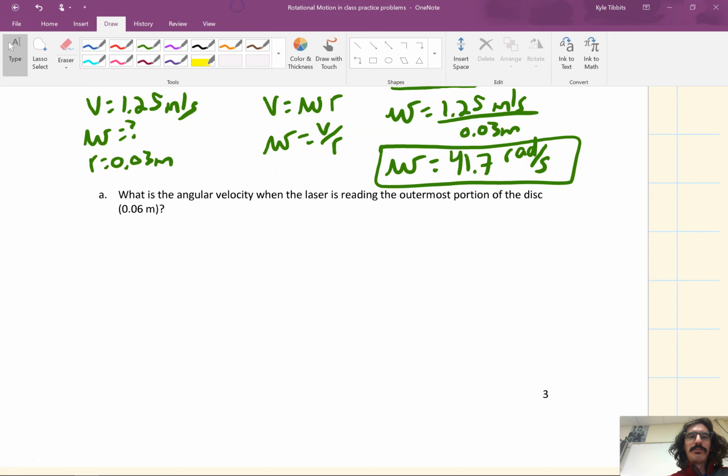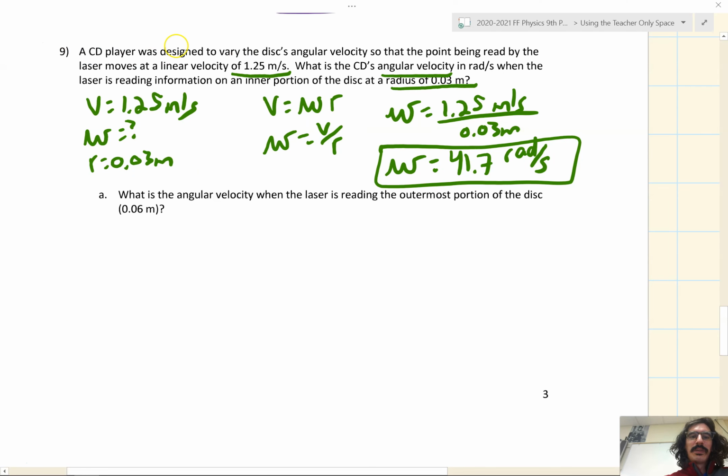Letter A, or part 2. What is the angular velocity when the laser is reading the outermost portion of the disk, which is at 0.06 meters?